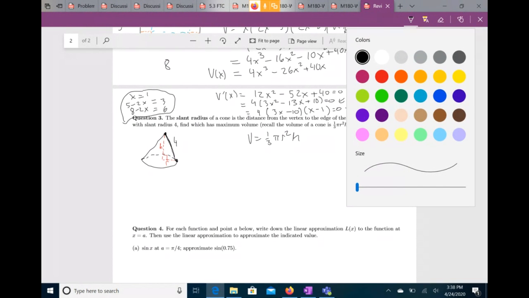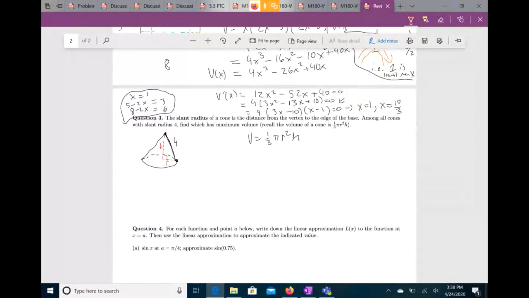So think about that red triangle. What equation uses H, R, and then the given value 4? It's named after a Greek cult. Close. Yes, Pythagorean.